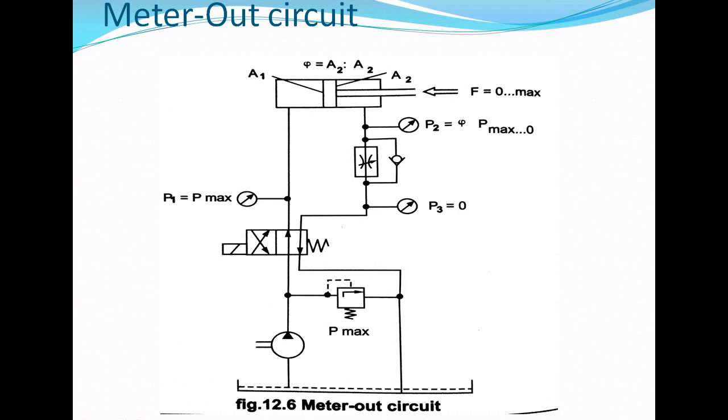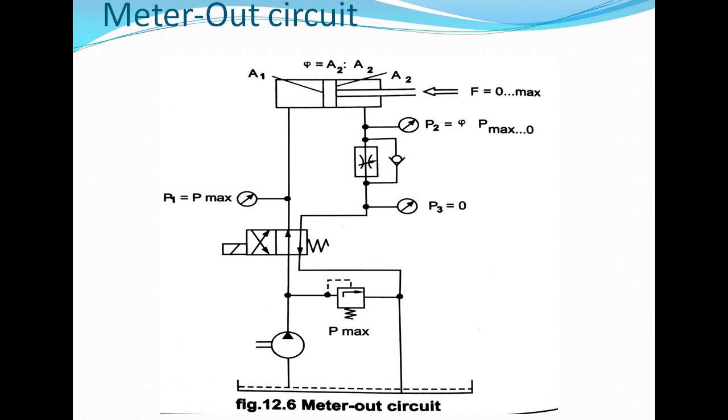Everything else is the same. What will happen when the DC valve is in this position? The oil will start pumping. It will go from this port to this port to this cylinder. It will enter the cylinder, so we will have the backward motion here.